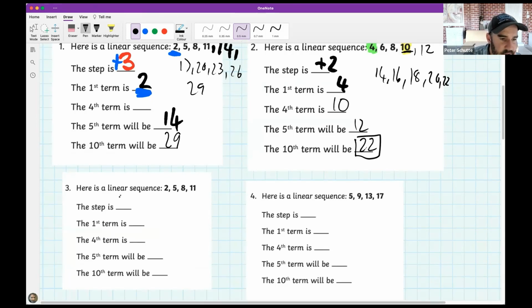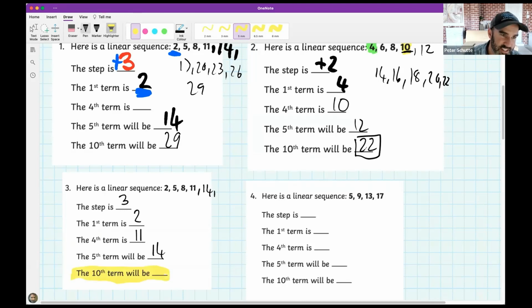Okay. First term is 2. And 14. And then. So what you'll notice is whenever I have to get to a big number like 10, there's not really a quick way at the moment for me to do that.